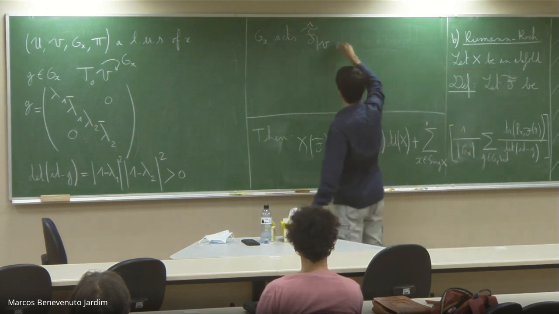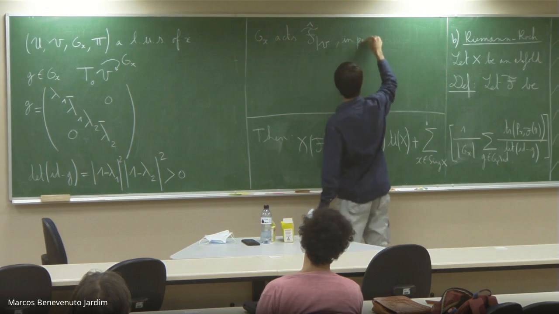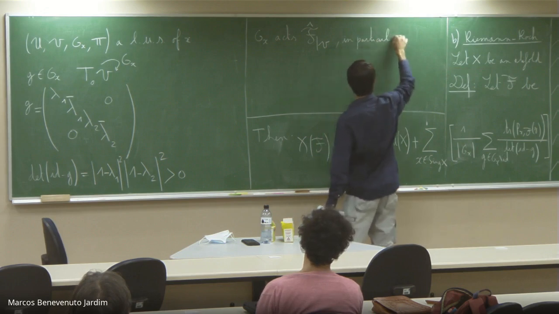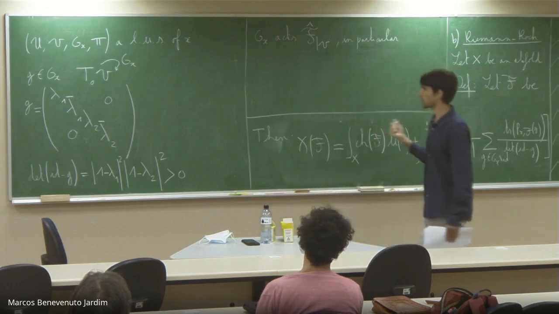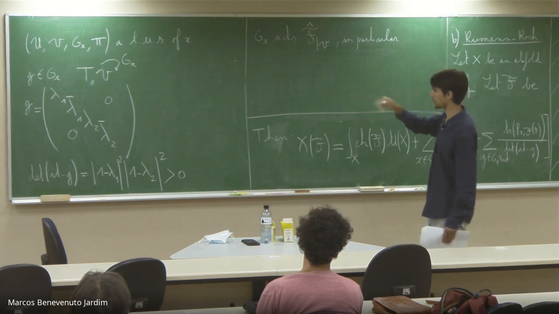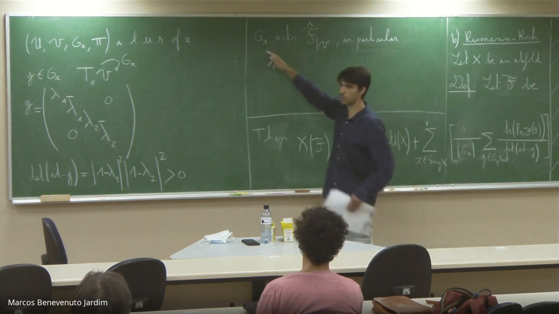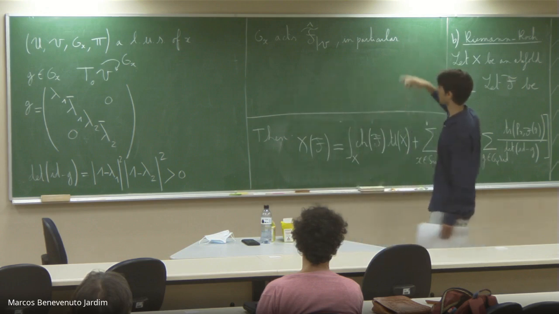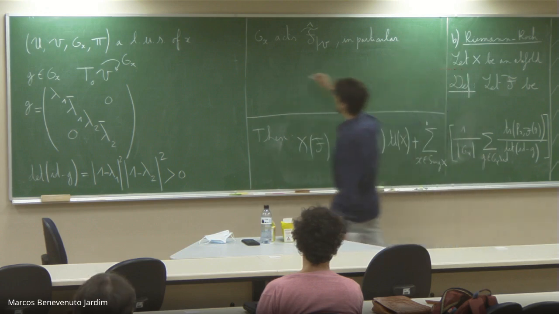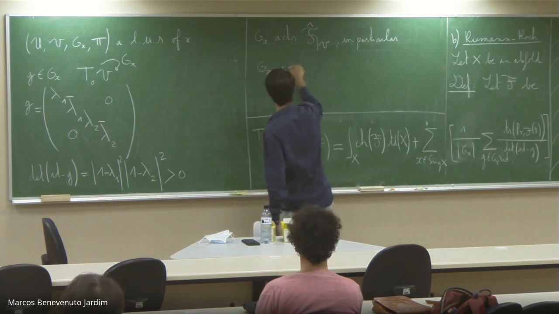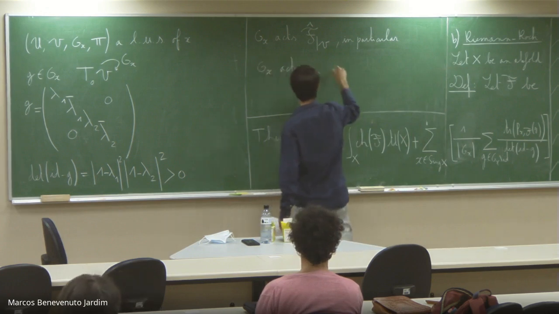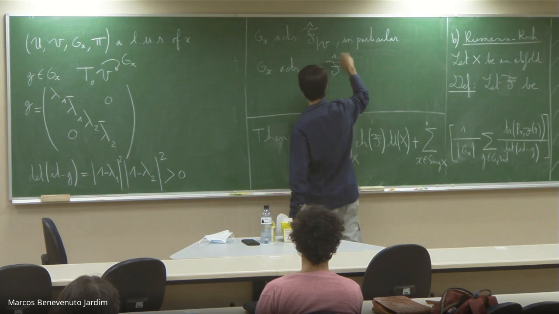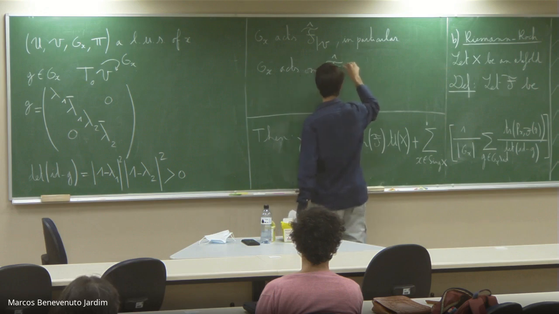So in particular, 0 is the point which is fixed by G, which is always the fixed point, that would correspond to the singularities inside X. So in particular, Gx acts on the fiber here in 0.